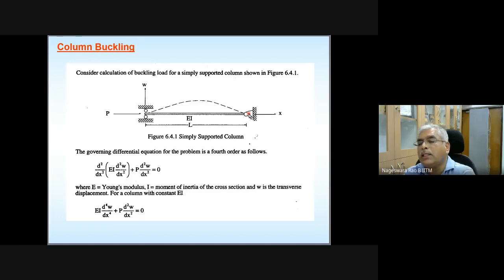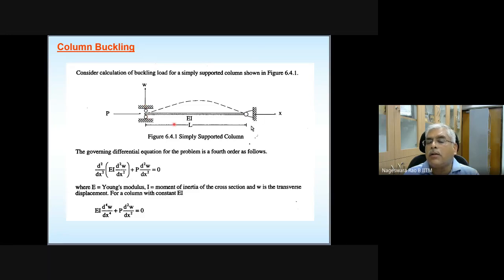Hinge in the sense that it can have some rotation, and you can have displacement here, but rotation is restrained. Or sorry, here also you can treat that as a hinge. This also acts like a hinge.